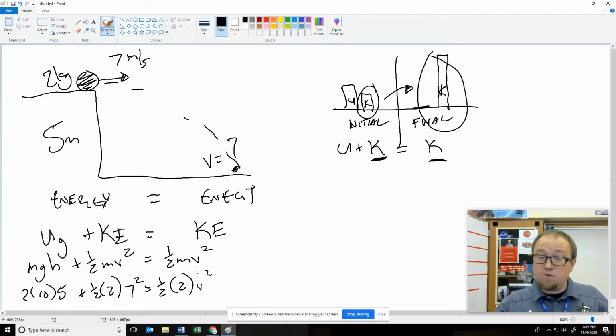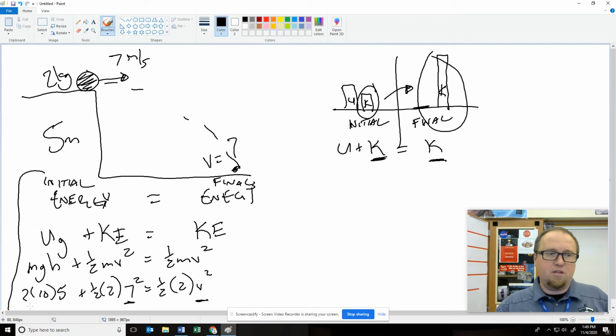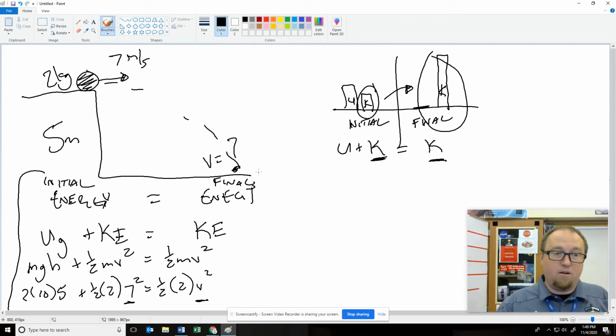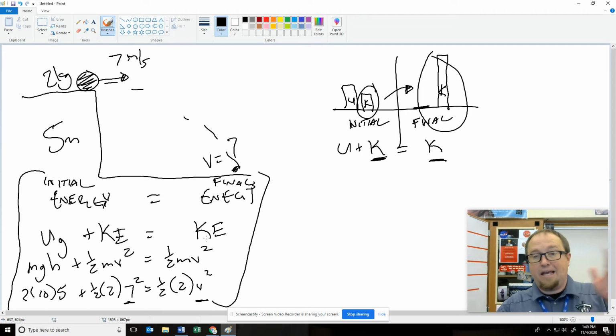Common mistake students will make, we will too probably, is where do I stick my velocities? So here, this is my initial energy, and this is my final. If I have my initial energy here, those are all the things at the start, and my final is all the stuff at the end. So it's a way to separate it out.